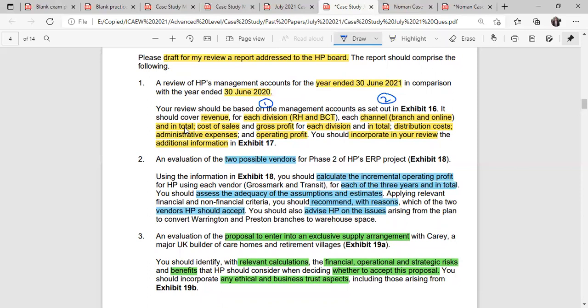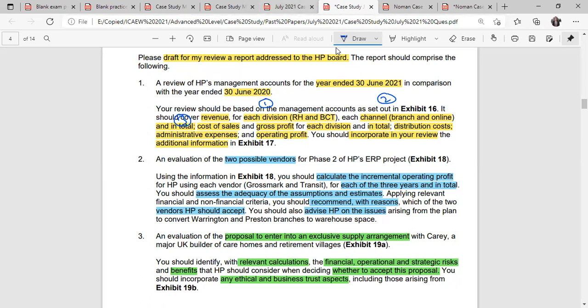First of all, it is branch, and secondly, it is online. So we have to analyze in both ways. We have two divisions, RH and BCT. Further, we have two channels, branch and online. And in total here as well.